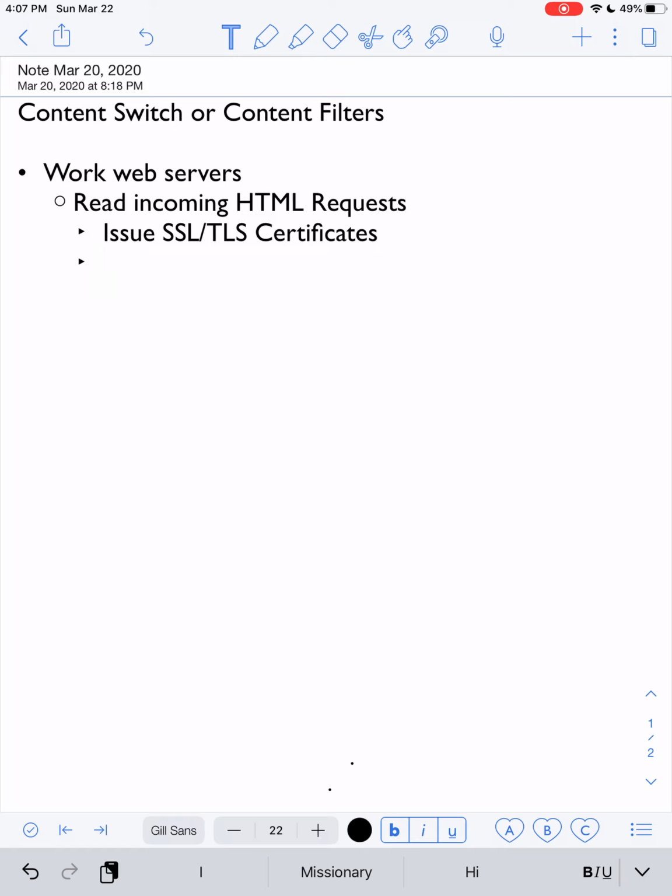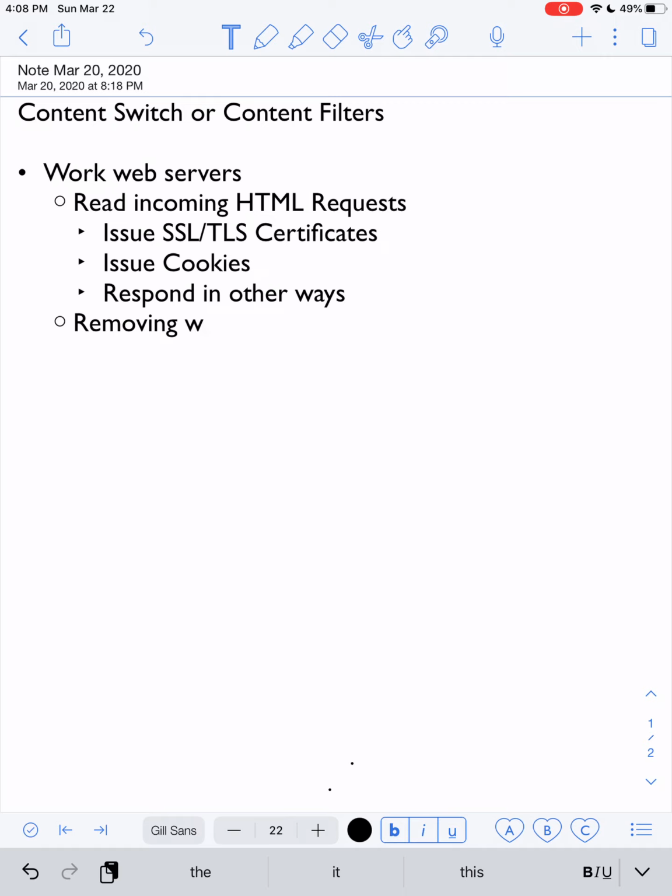We can issue cookies, and we might respond in other ways. So what we're trying to do here is remove workload from servers.